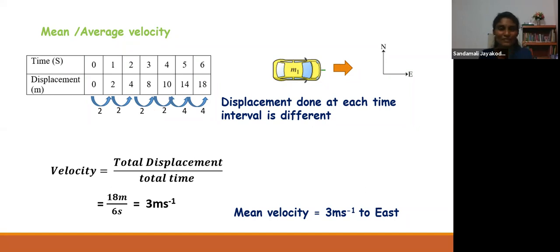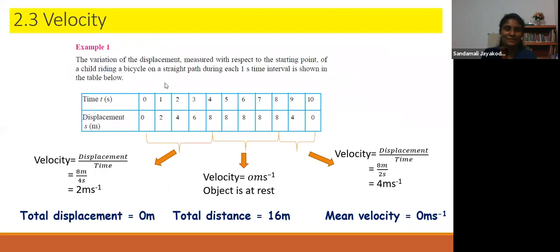Then we discussed a few questions, how to take those things. If we get a table like this, we have to find the velocities, and we can find the displacement and distances too.